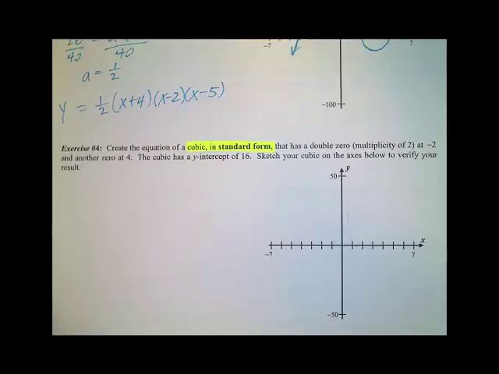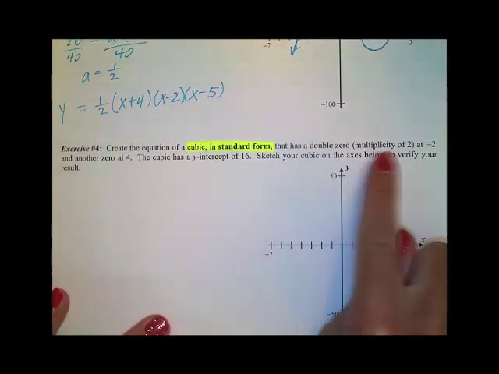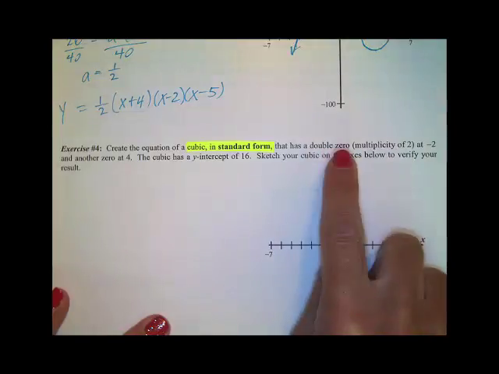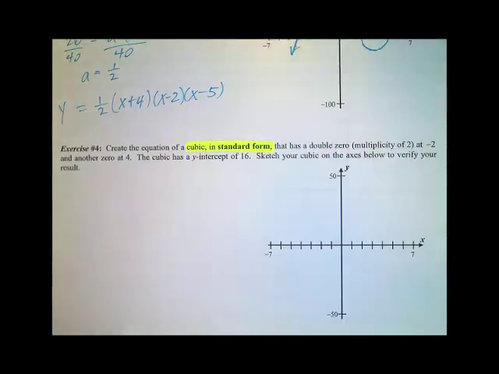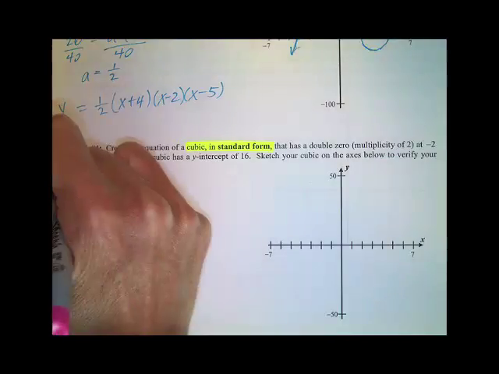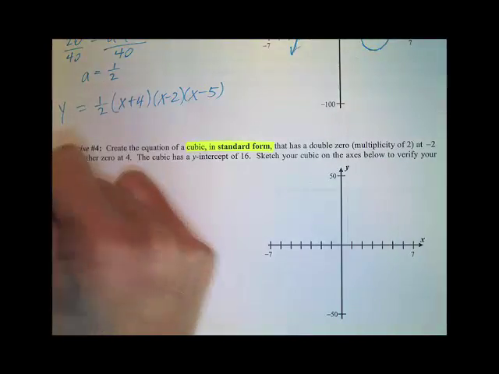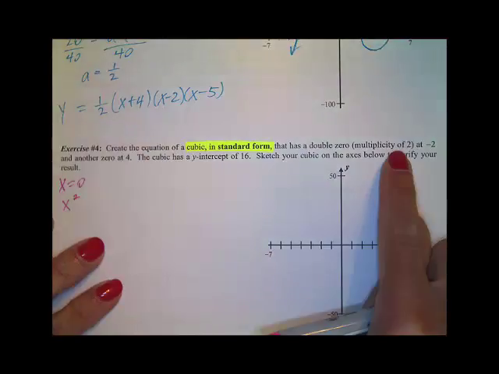Notice it says that you have a double 0, which means a multiplicity of 2. So that means on that factor, you're going to have a power of 2. All right. So that means we have multiplicity of 2 on 0, so x equals 0. So that means you have x squared because it's a multiplicity of 2.